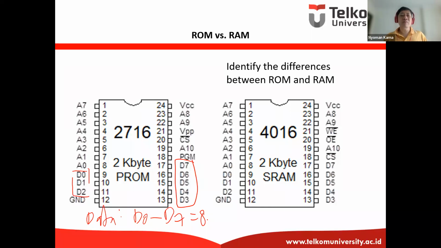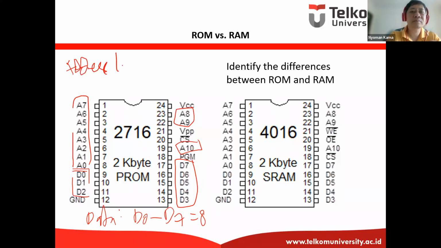Now, how about the address bus? We have A0 in here up to A7, and then we also have A8, A9, and A10. So the address bus starts from A0 to A10.